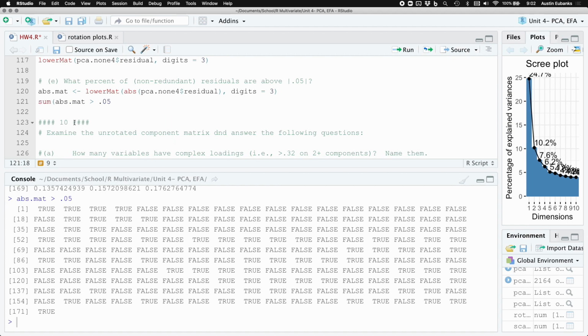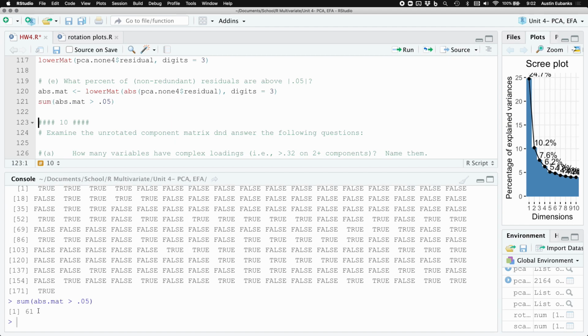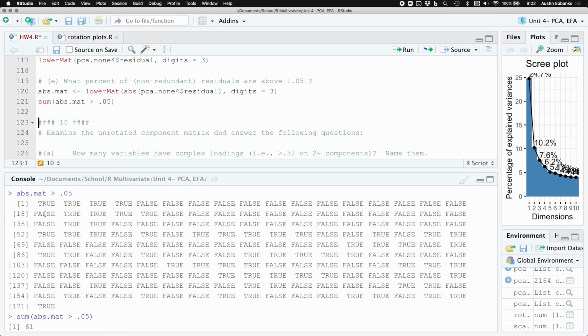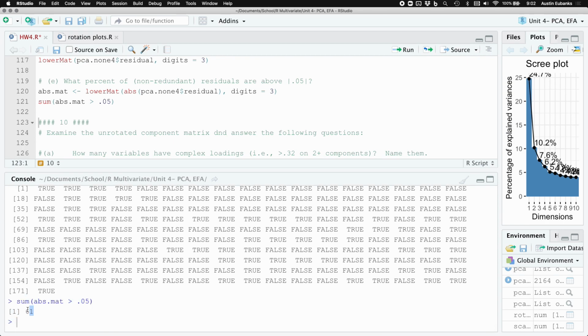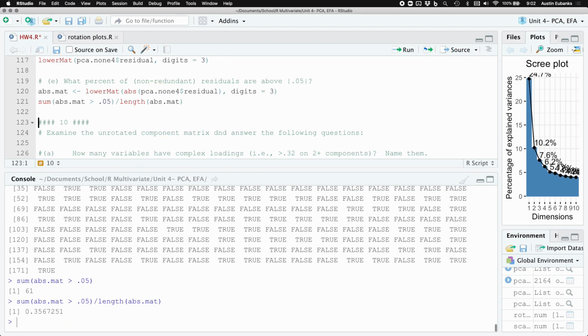If we sum that, TRUEs equal 1 and FALSEs equal 0, so it now tells us that 61 of the absolute values are greater than 0.05. And if we want to see that as a percentage, all we need to do is divide that by the length of absmat. It tells us that about 35.7% of our residual correlations have an absolute value greater than 0.05.